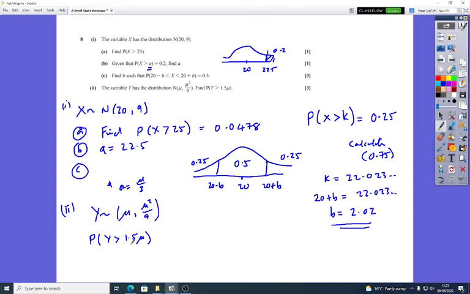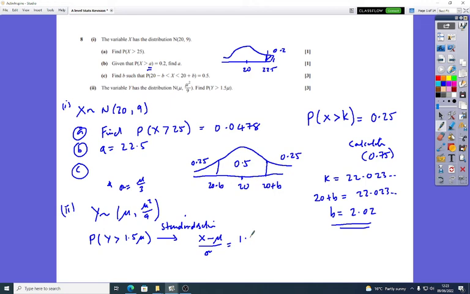When we're doing this, the best way is what we call standardization. The way to do standardization is you do x minus the mean, divided by the standard deviation.